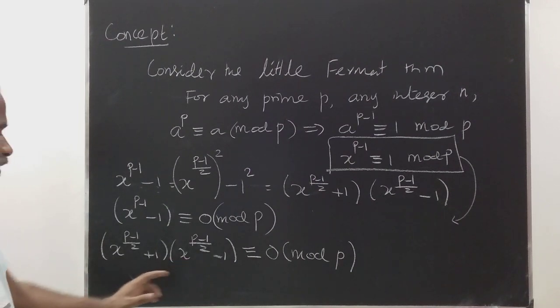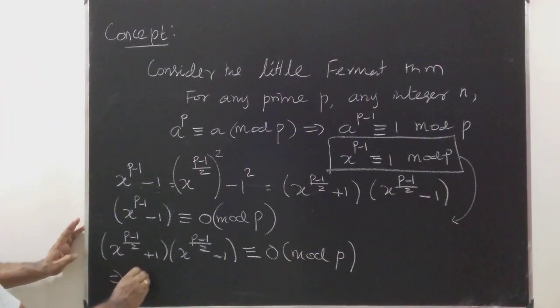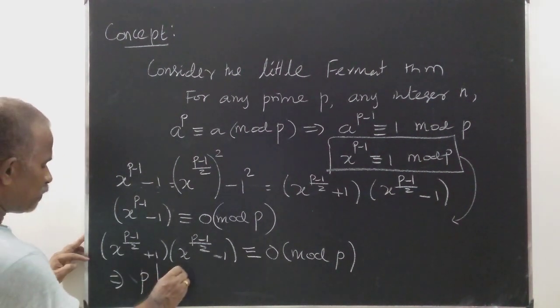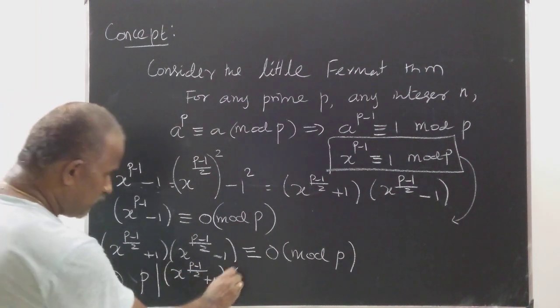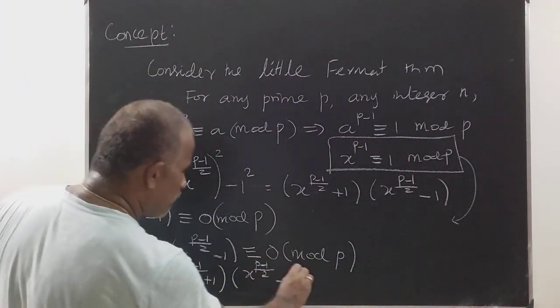What does this mean? This implies p divides x power p minus 1 by 2 plus 1 into x power p minus 1 by 2 minus 1.